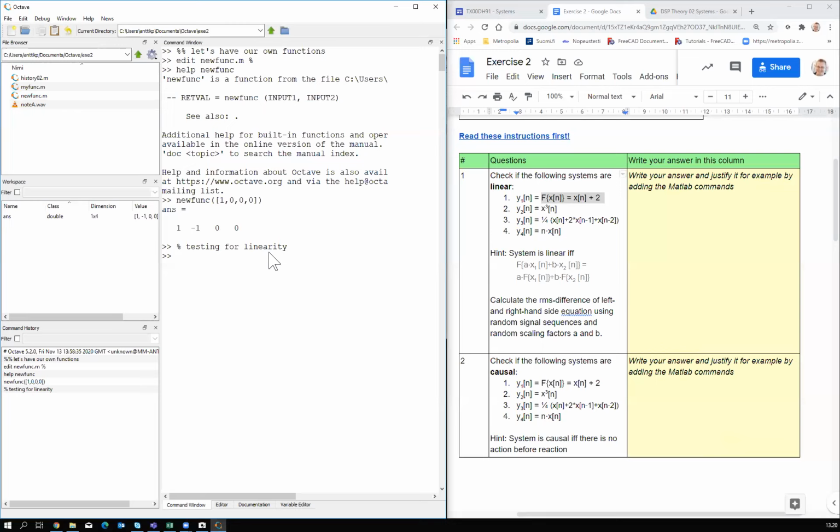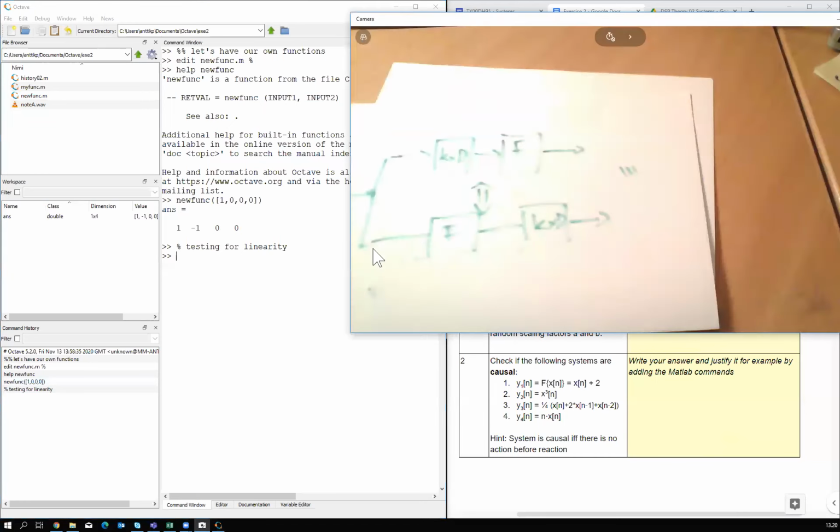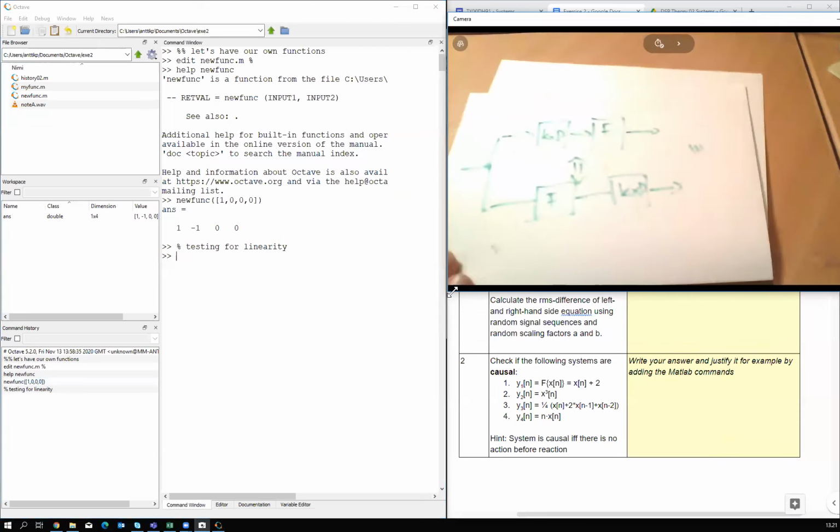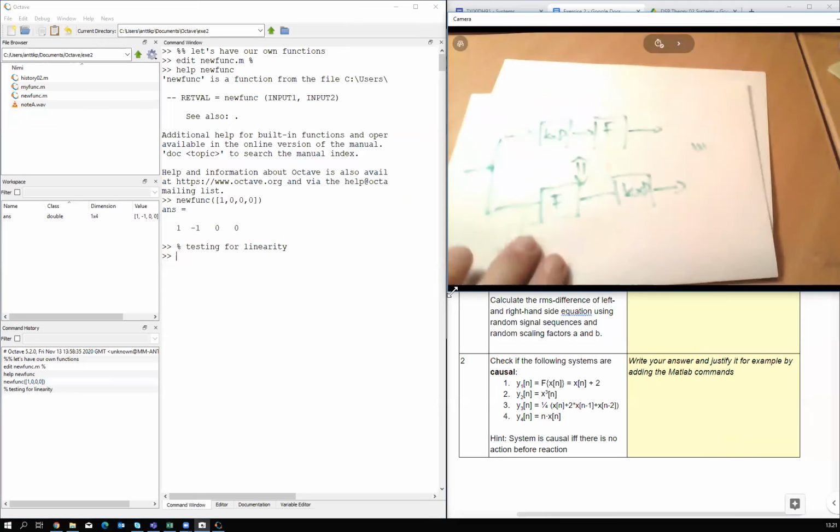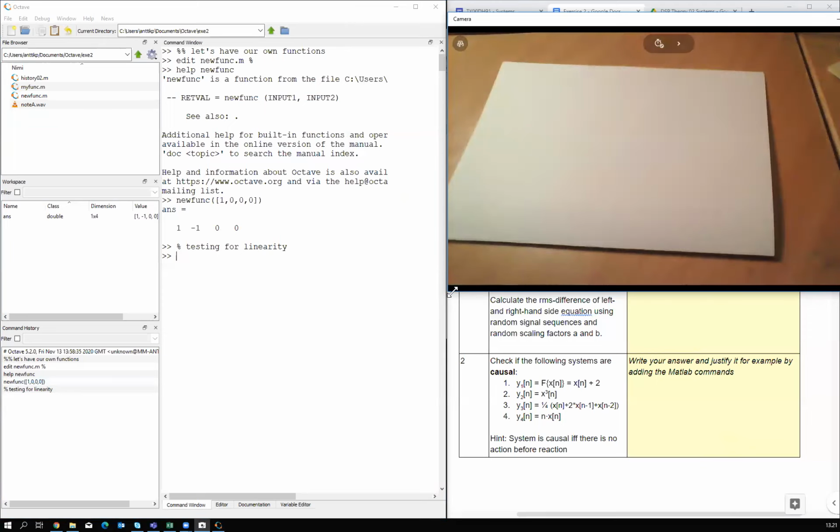If the system with the weighted inputs actually produces the same as the weighted outputs. So we are talking about this kind of linearity. Sorry, that's the time shift. Where's my linearity?